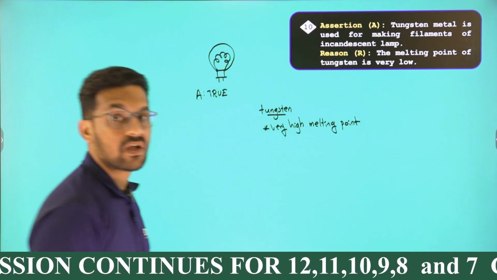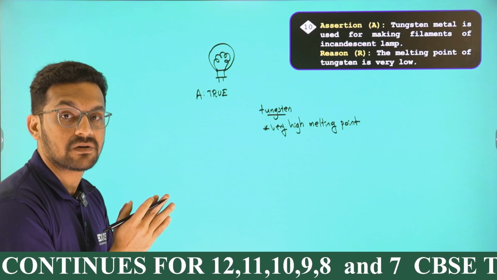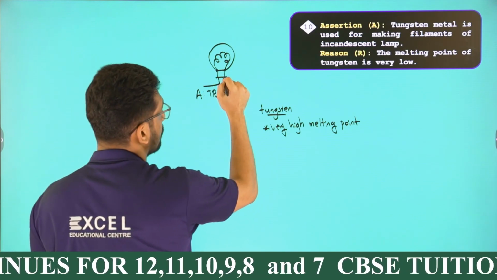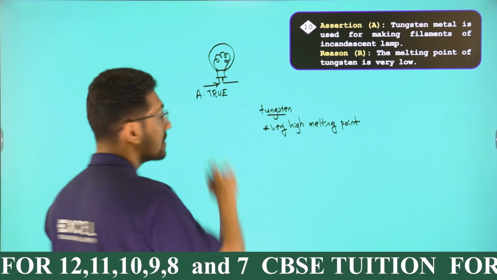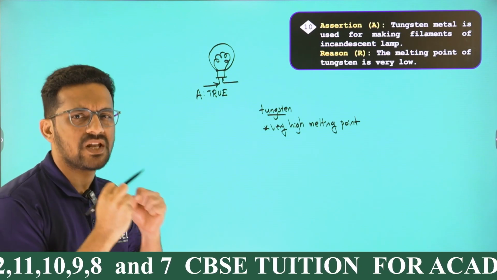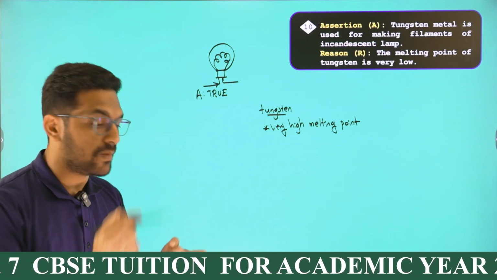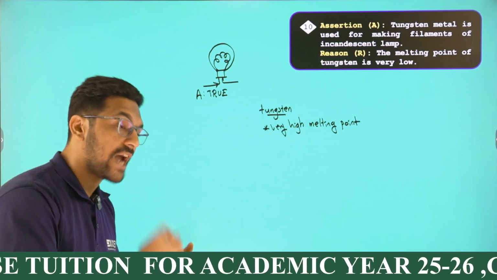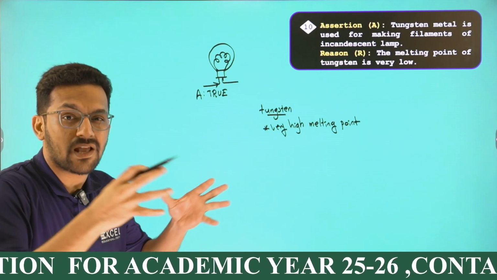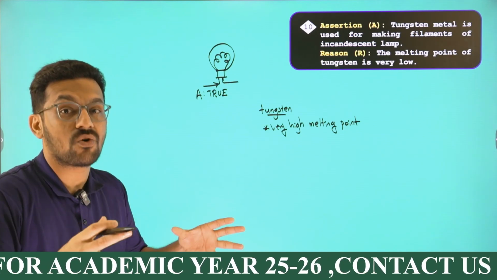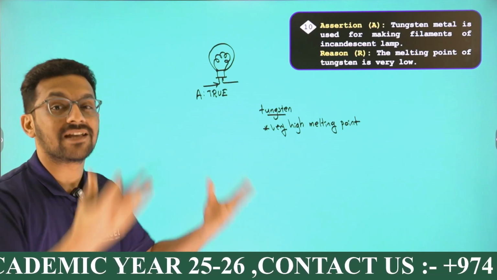What is the working of an incandescent bulb? A current will be passing through this filament. The filament has very high resistivity, so it will produce heat. It will become red hot, then white hot. When it produces a large amount of heat, it will become white hot, then it will glow and produce light.